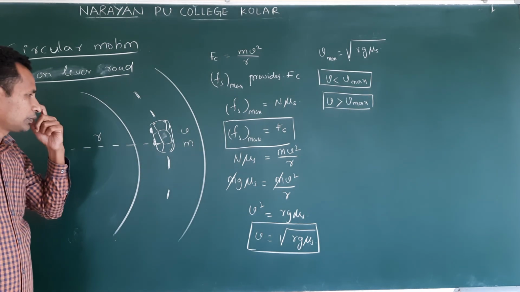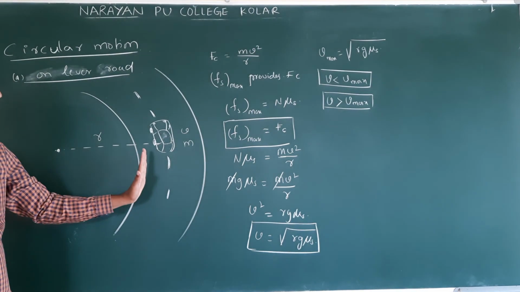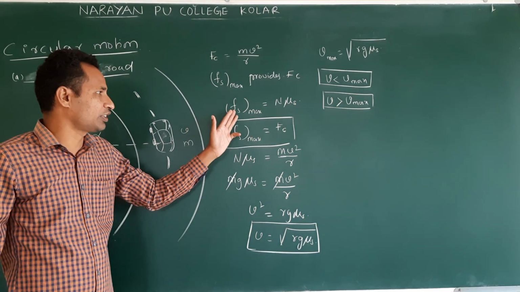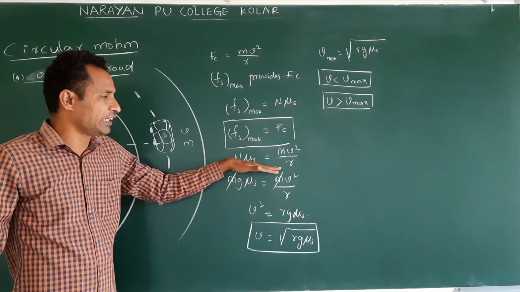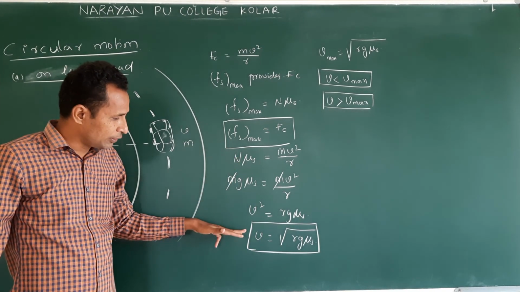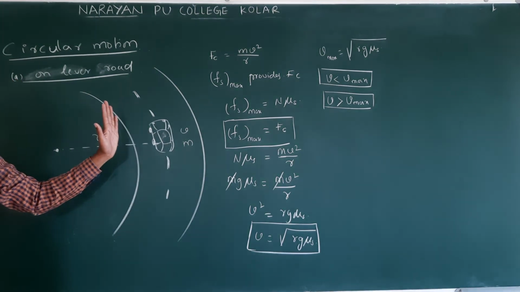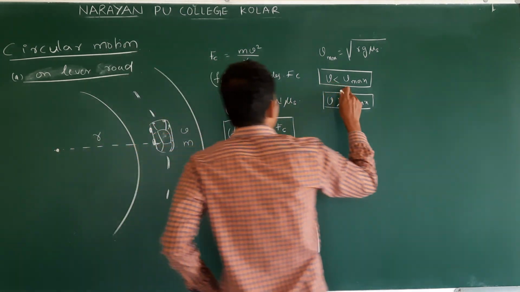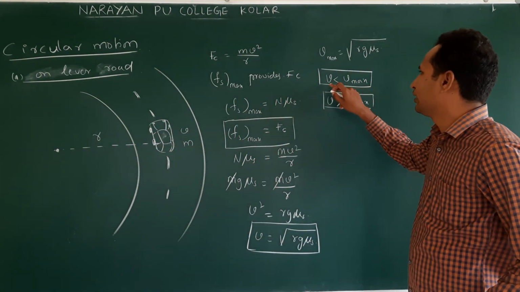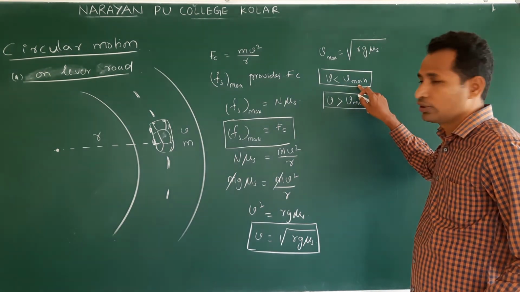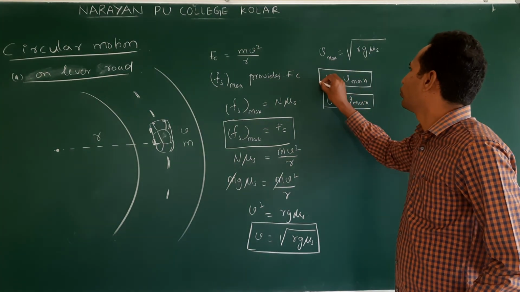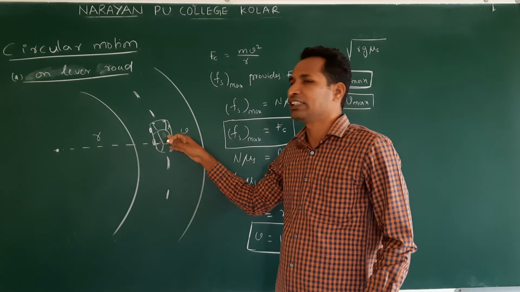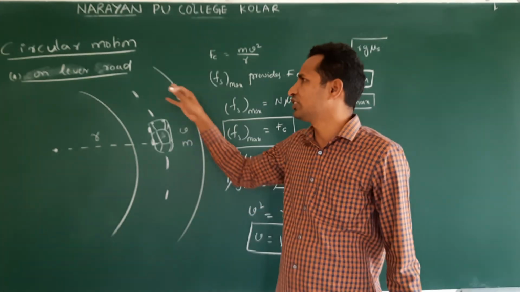On a level, curved road, maximum static friction provides the centripetal force. So we equated and got the maximum speed on the level road. Okay? So we got this expression. So for the same journey, the vehicle velocity should always be less than V max. If you violate this condition, then what will happen? Our journey will not be safe. So this is the first one.